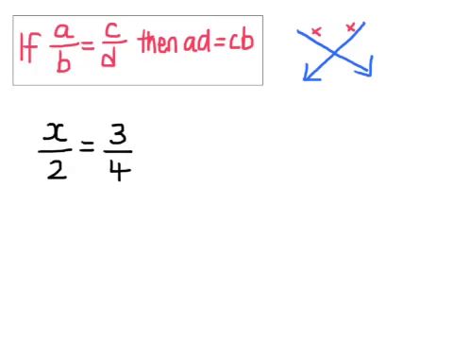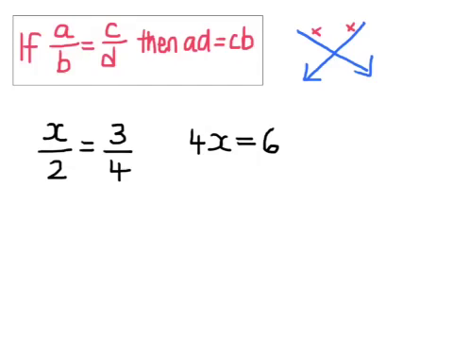And those two numbers are represented by C and B. And again, we can clearly see the cross shape. So x times 4, or 4x, is equal to 3 times 2, which is 6.